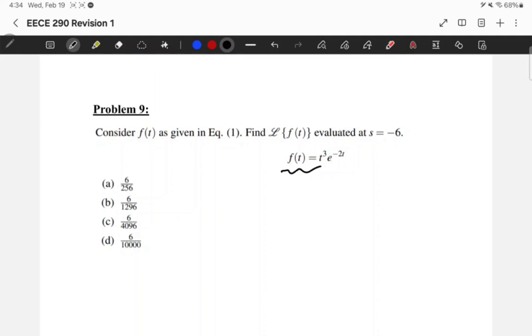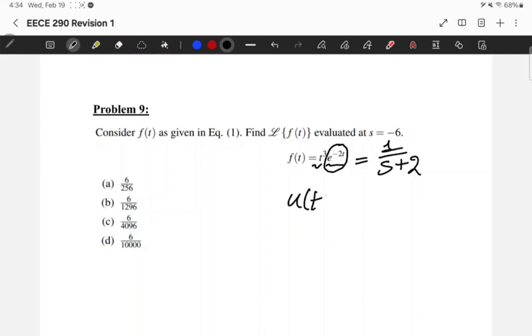So f of t here is composed of t cubed multiplied by an exponential. I know that if I multiply with an exponential in time domain, it will correspond to a shift in the s domain. So I know that the Laplace transform of this will be 1 over s, which is the Laplace transform of the unit step function, shifted by 2, so s plus 2. 1 over s plus 2.